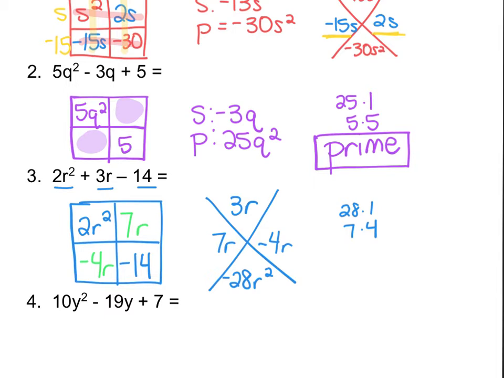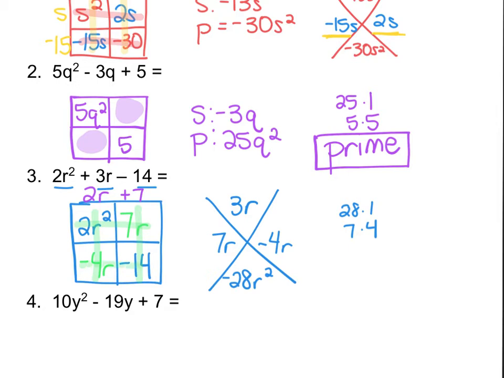And then we can do our row and column factoring. So in our column, we've got 2r squared and negative 4r. We've got a 2r in common. And then 7r and negative 14, we have a positive 7 in common.